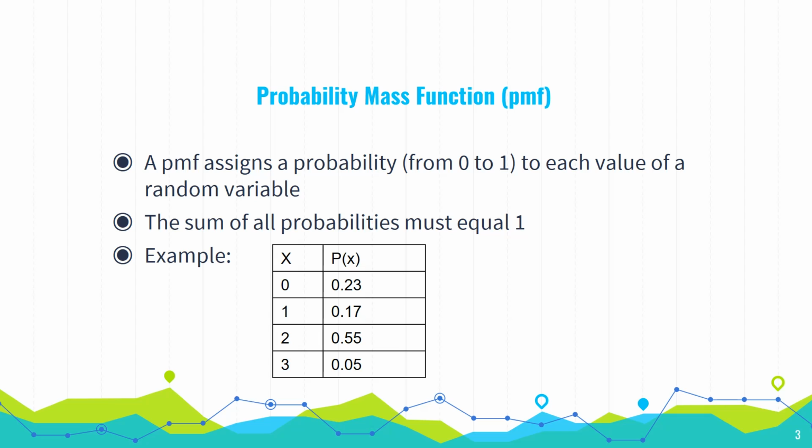That's a way of assigning each outcome or each value that the random variable can take a certain amount of probability mass. Of course, each probability has to be somewhere from 0 to 1. Now, if one of the outcomes is not possible, then its probability is going to be 0. If the random variable only has one value that it takes, its probability is going to be 1.